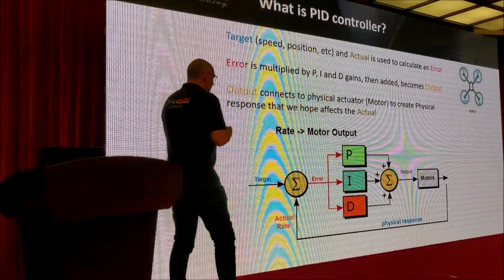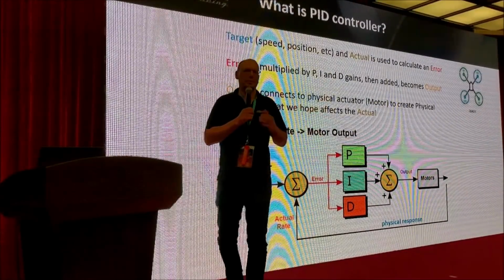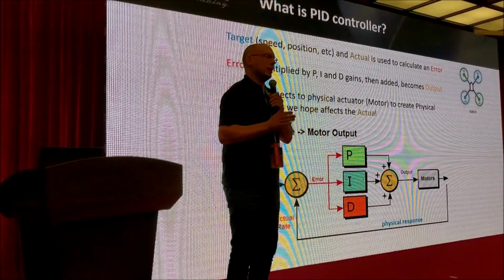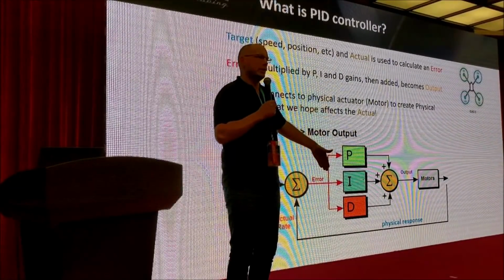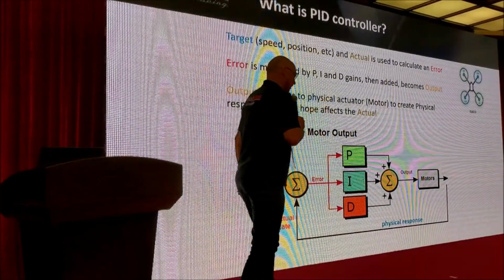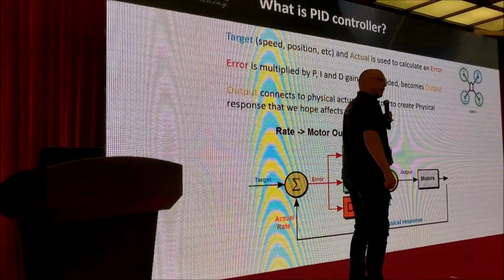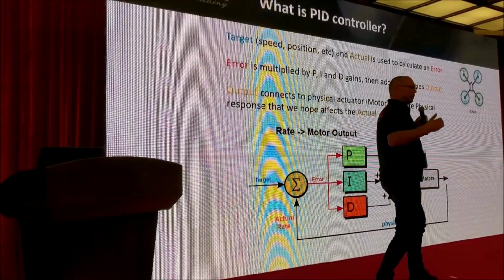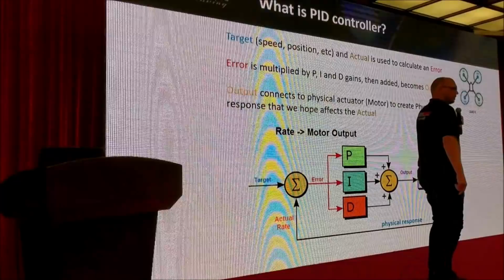The final is the D term. The D term is the differential. Now the D term is based on how quickly I'm moving towards or away from the point I want to be. So if I'm standing here and I want to be on that spot there and I'm walking towards that spot and somebody pushes me from behind, I'm going to suddenly push back because all of a sudden I'm falling very quickly towards where this spot is.